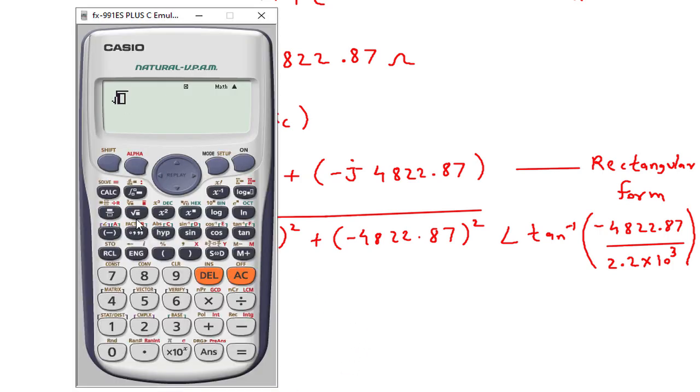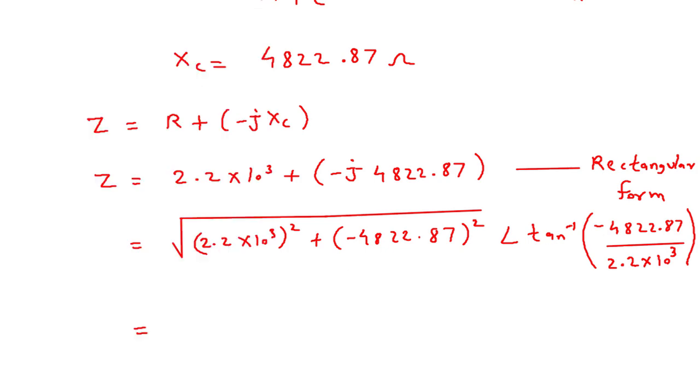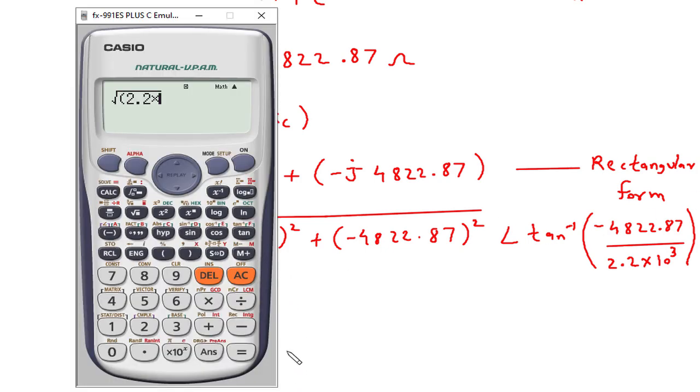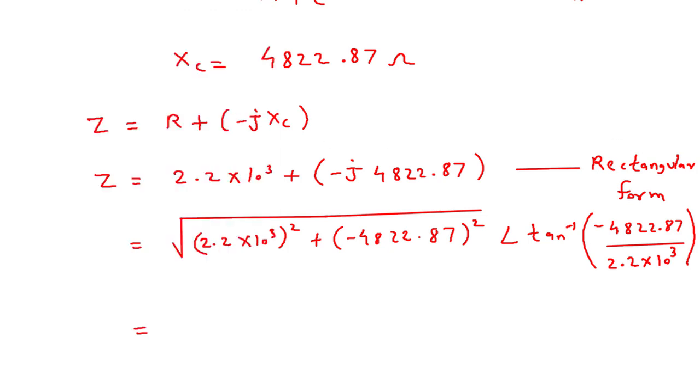So, it will be the square root of (2.2 into 10 to the power 3) squared plus (minus 4822.87) squared. So, it is 5300.95.